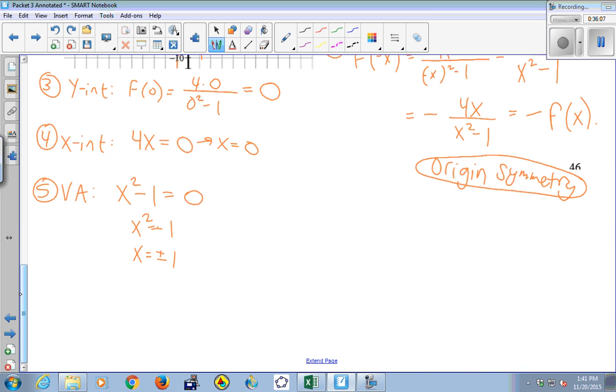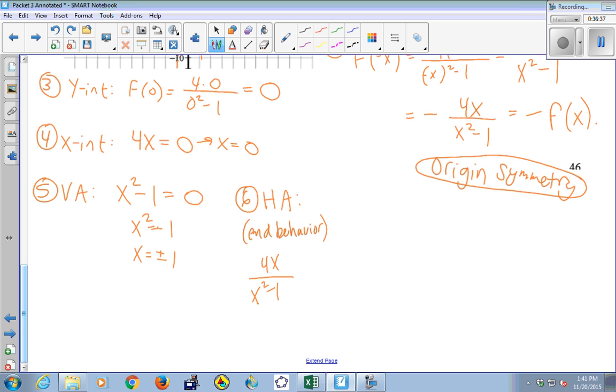Okay, next step, horizontal asymptotes, also known as end behavior. So my function is 4x over x squared minus 1. Think about what happens when you plug in a really, really big number for x.